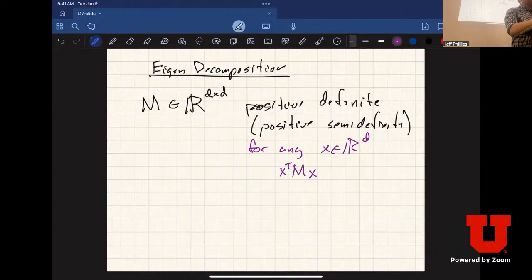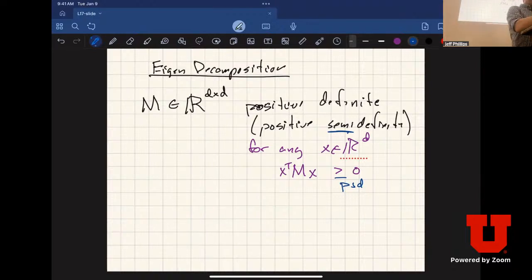So the result of this is going to be a scalar, right? And this is always greater than 0, and it's PSD if it is greater than or equal to 0. So it might be 0 if it's positive semi-definite, but if it's positive definite, it's always greater than 0. Seems like a really amazing property, right? It's always greater than 0. But it's kind of like you're squaring x, and squared values are always greater than 0, so maybe that seems reasonable. Maybe not. I don't know.